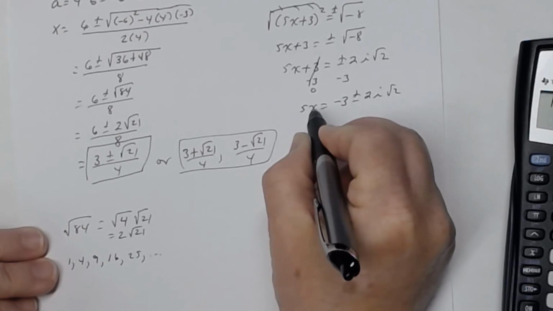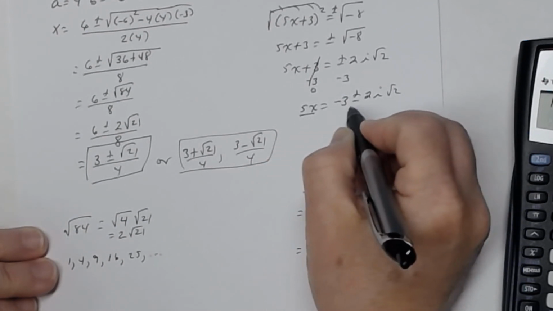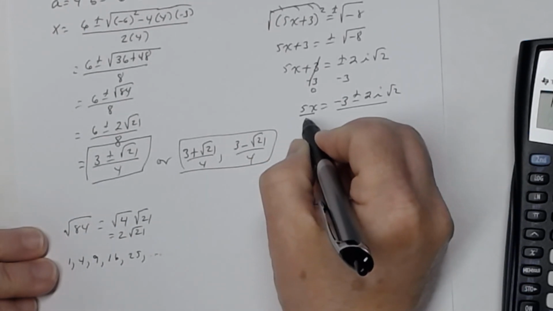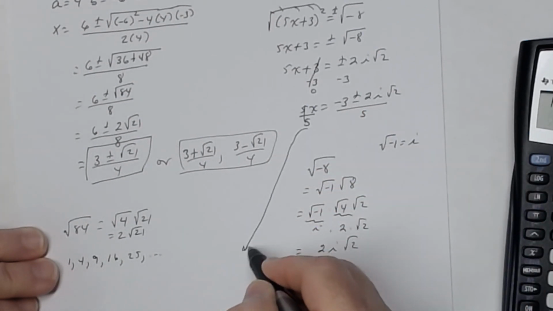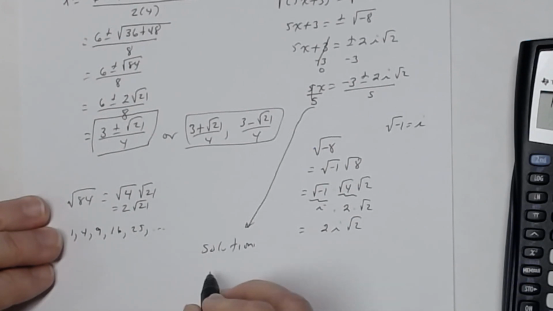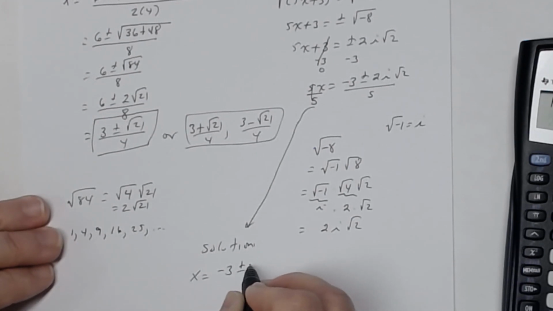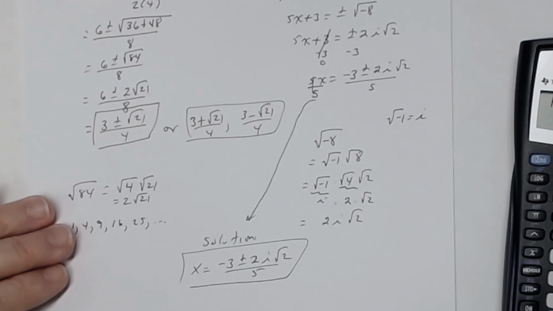And then the last step is to get x by itself, so since you're multiplying by 5, the opposite is divide both sides by that coefficient. And so therefore the solution is going to be x equal negative 3 plus or minus 2i square root of 2, all divided by 5. All right, so that was the solution there.